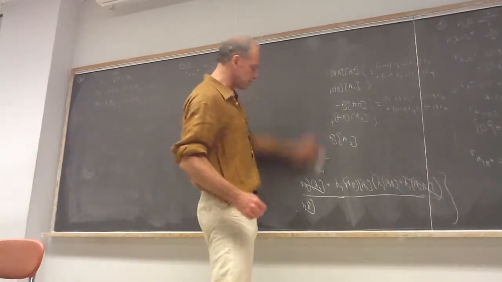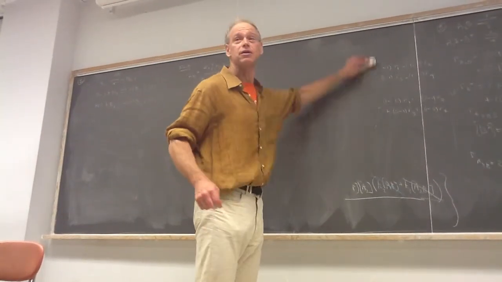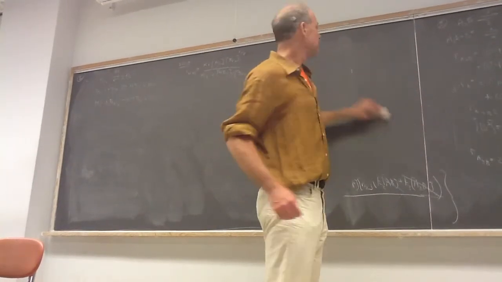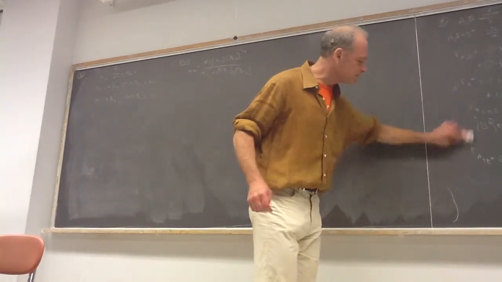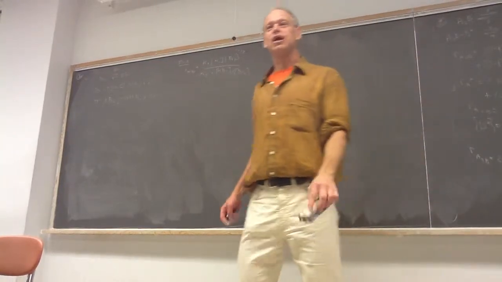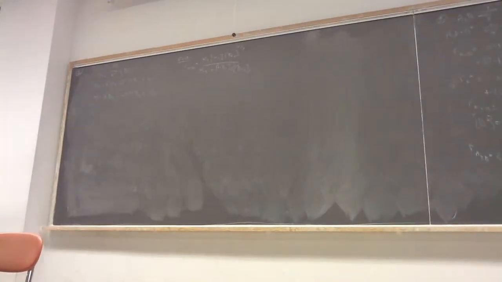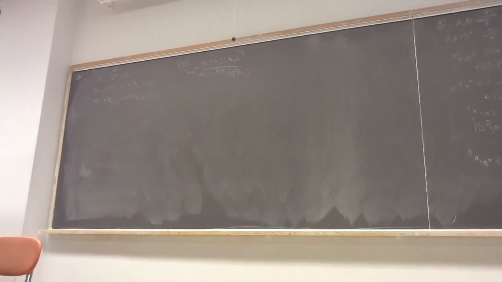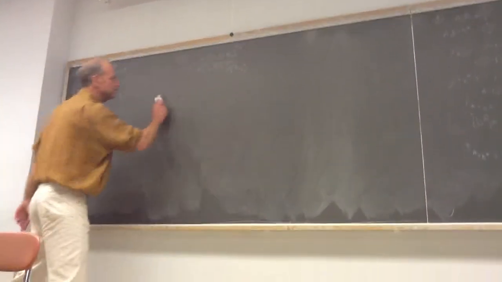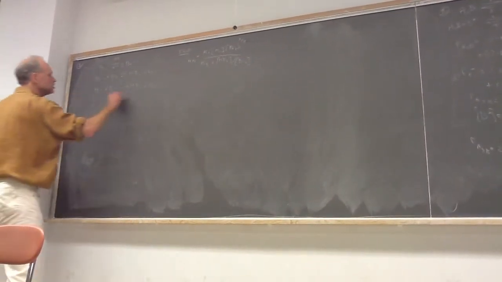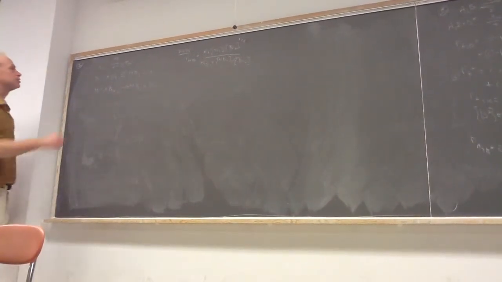Okay, so what are the stoichiometric coefficients for H dot? Notice I'm doing this a little quicker. 1 minus 0, correct? And for this one, 0 minus 1, and for this one, 0 minus 1.